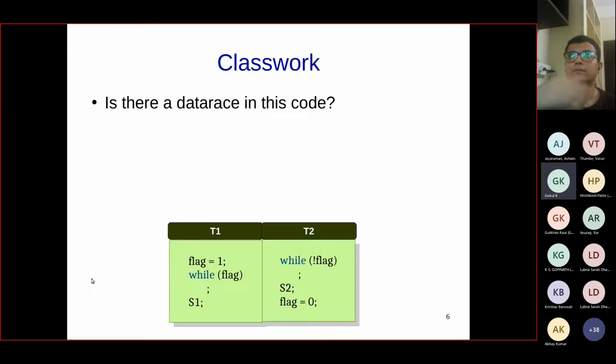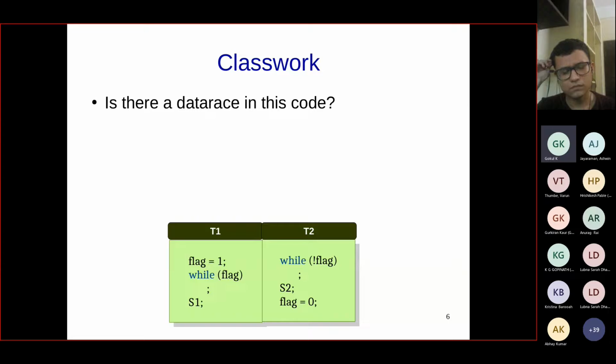Sir, based on the timing, let's assume that flag is 0 initially, and now in thread 2, the control is entering through the while loop and into the first statement of the while loop, right? At the same time, in thread 1, the control has not yet gone to flag equal to 1. So the while loop is entered in T2, and then in T1 the flag is set as 1, and then control enters there.